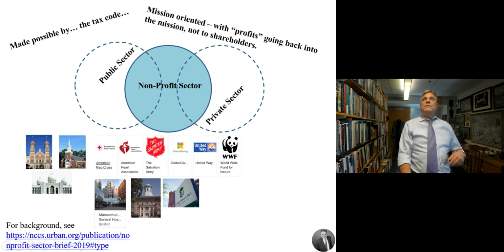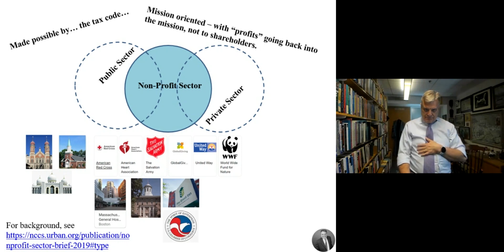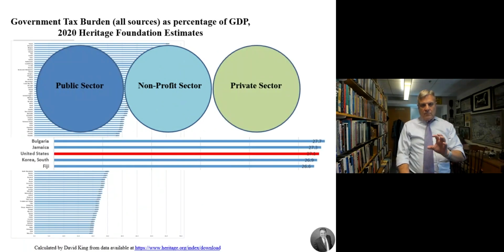So when we think about where we are relative to the rest of the world on that chart of the percentage of our GDP that goes into government taxation, what we have going for us is that a huge amount of the work that's done in the government sector elsewhere is done in our nonprofit sector. So the nonprofit sector is large and incredibly important and difficult to govern.